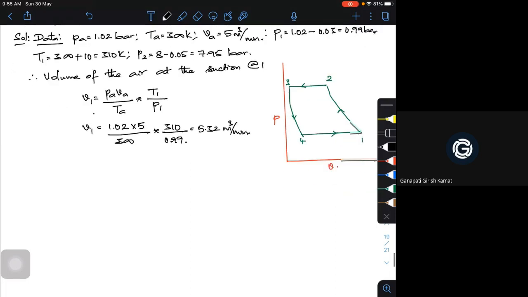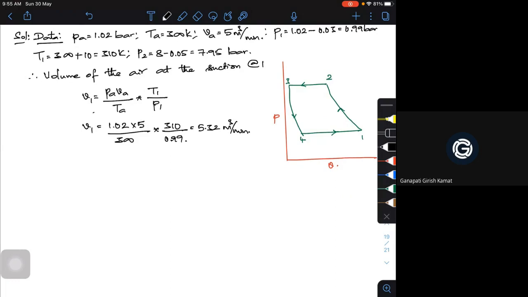Now, what type of process is it? For a polytropic process, PV to the power of 1.3 is equal to constant.